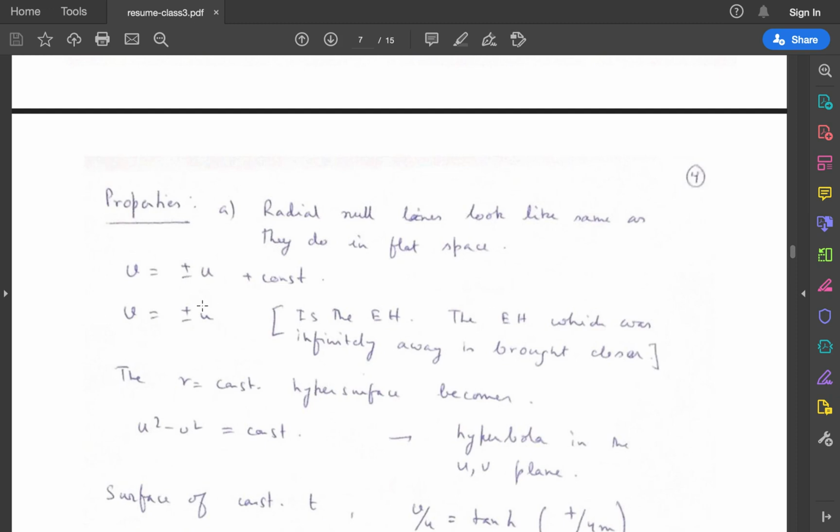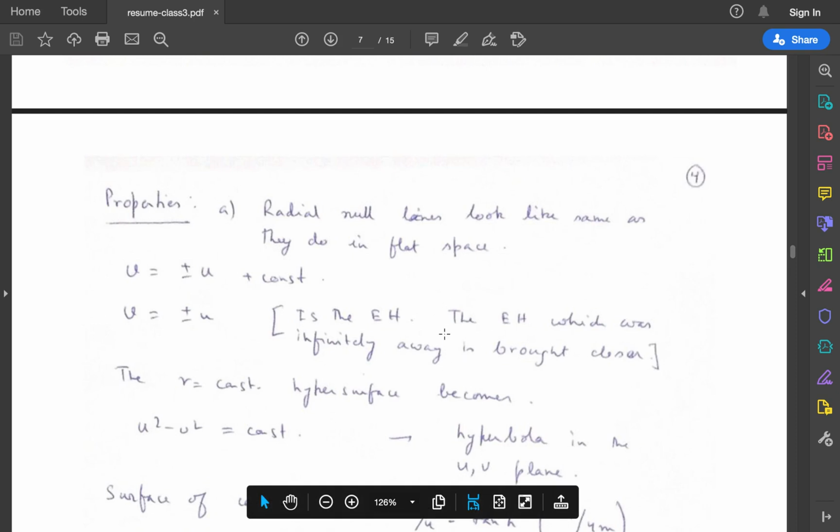And v equal to plus minus u is the event horizon. The event horizon, which was infinitely far away in u prime and v prime, we have brought to a finite distance. The infinite level has been brought closer. The event horizon was something we were interested in, so we did not want to shift it to infinity. We have removed the infinities there.